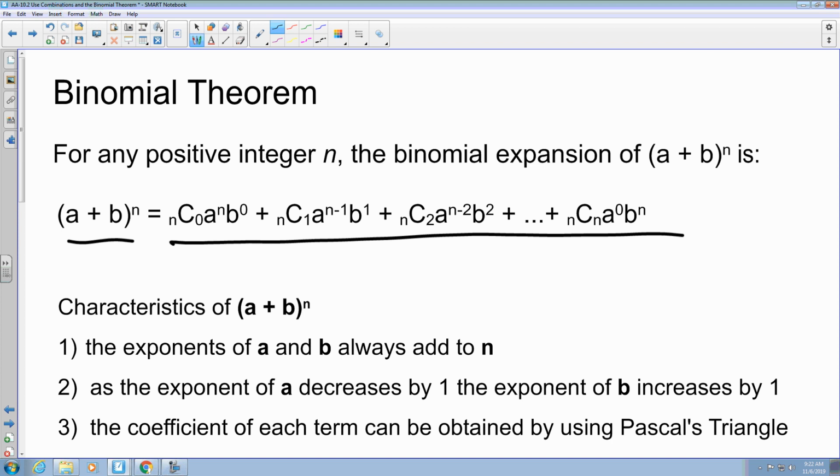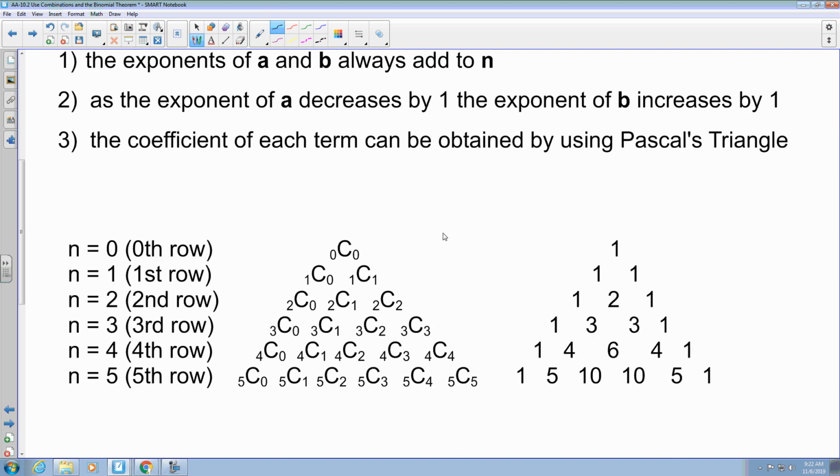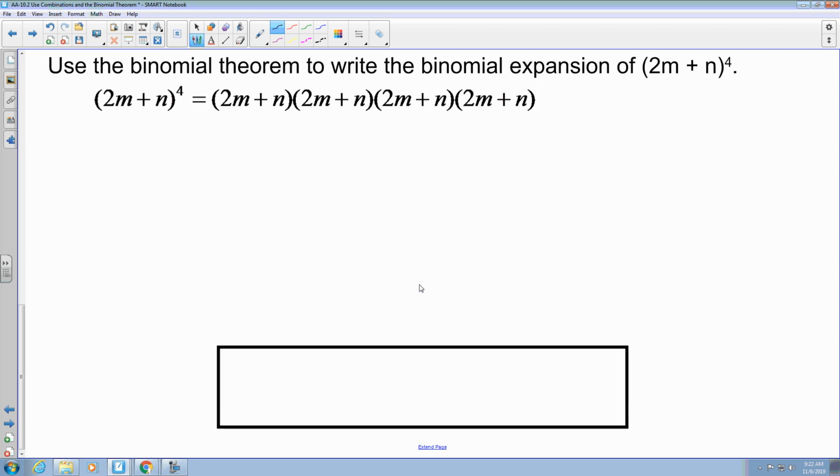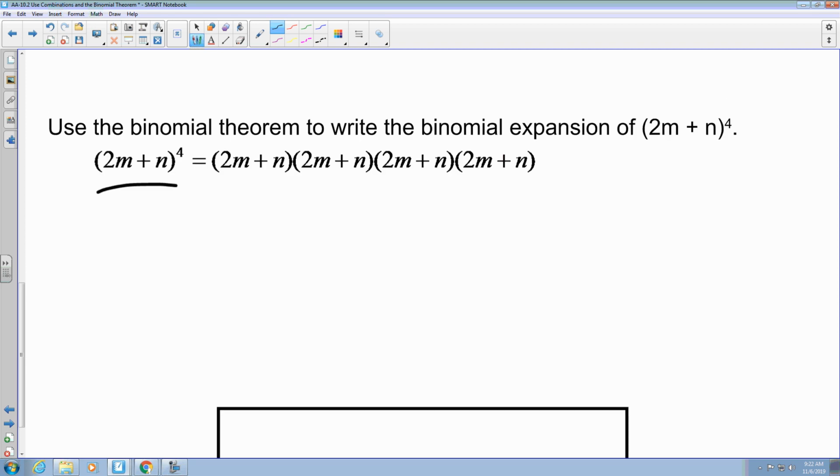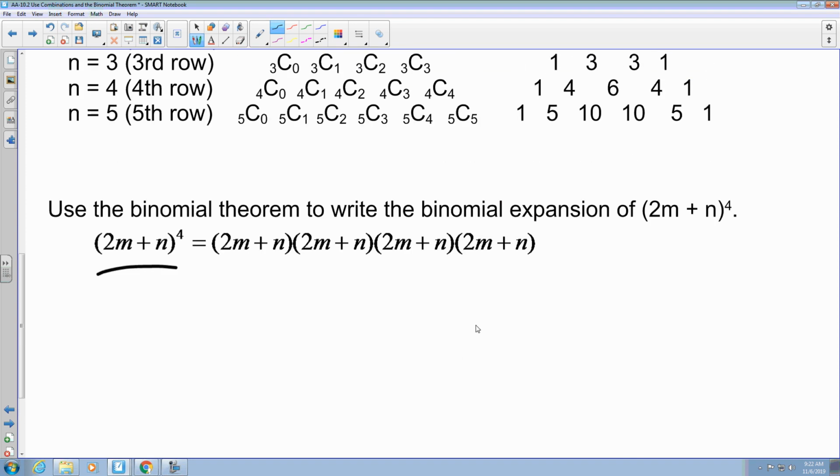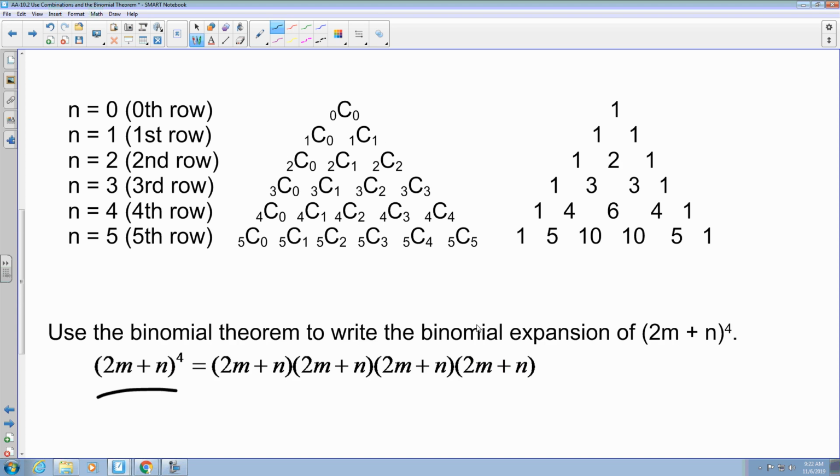So what we're going to do is look at 2m plus n raised to the 4th power. Since it's the 4th power, we're going to use the 4th row. The 4th row has values of 1, 4, 6, 4, and 1.